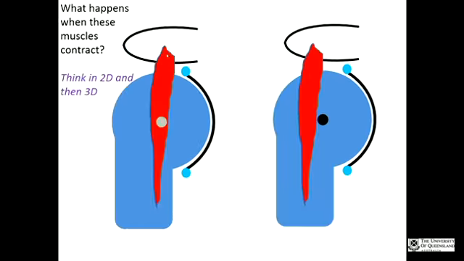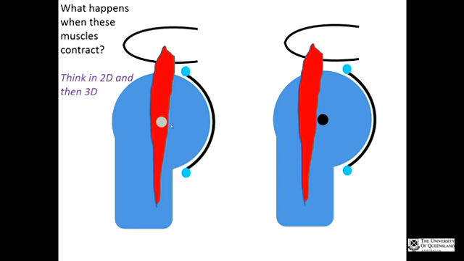If you had, let's say, the anterior fibers of deltoid, so this is, again, same center of rotation, but now, instead of having those lateral or middle fibers, we have the anterior fibers. If we restrict ourselves to what's happening in the plane of abduction and adduction, what happens when you contract this muscle? And the answer is nothing, because the insertion to origin line of action passes over that center of rotation.